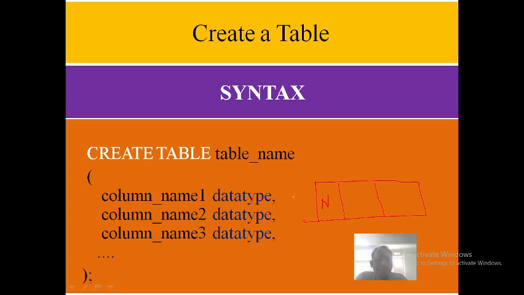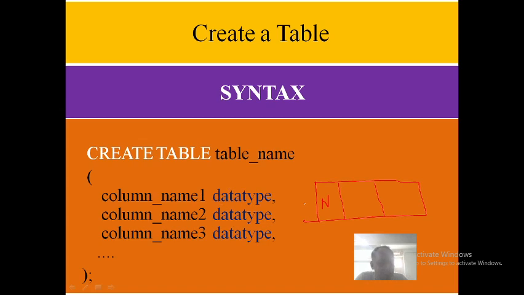Then integer and date. Date is also a data type. So we have to mention the type: the first column is name, and name is of type varchar. Its data type is varchar.